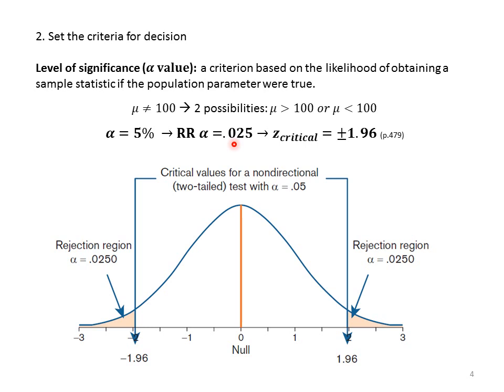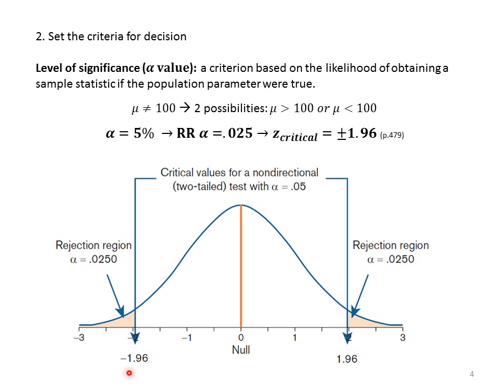When you go to Appendix B on page 479 and find 0.025 in column C, you find that the z-score is 1.96. So we know our cutoff value is 1.96 and negative 1.96.